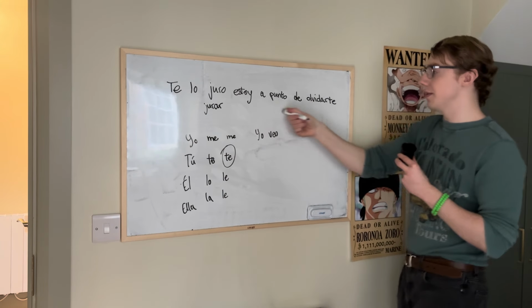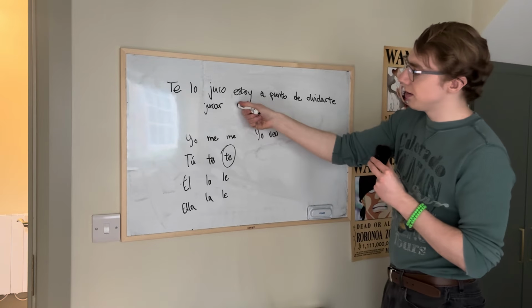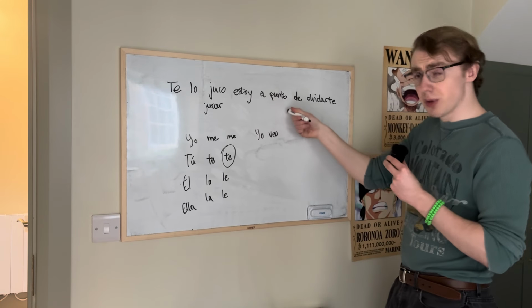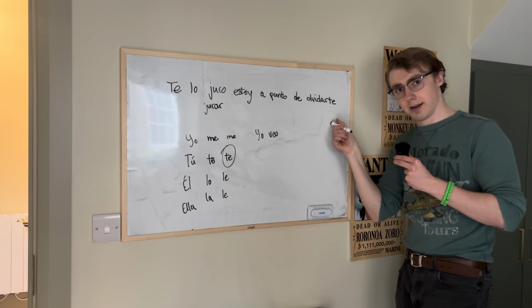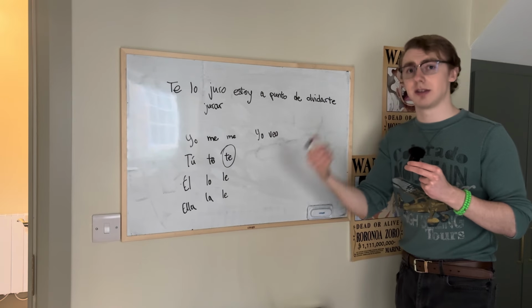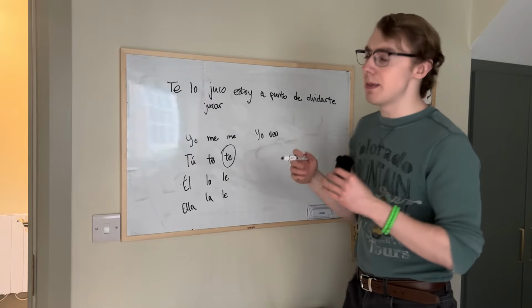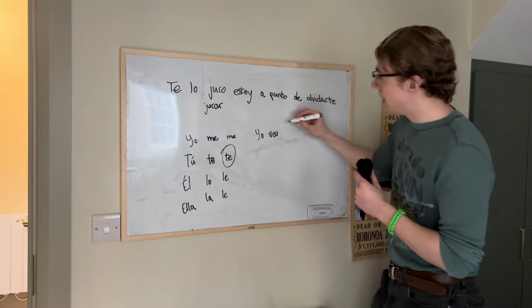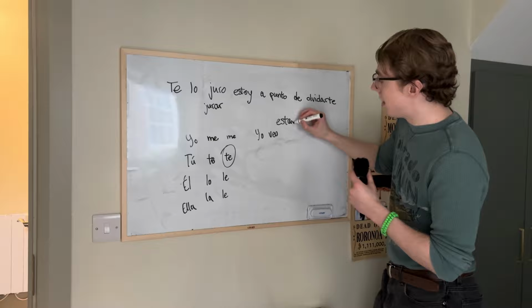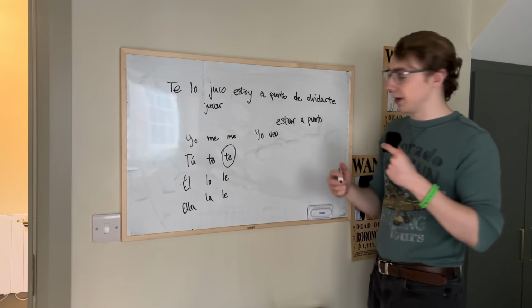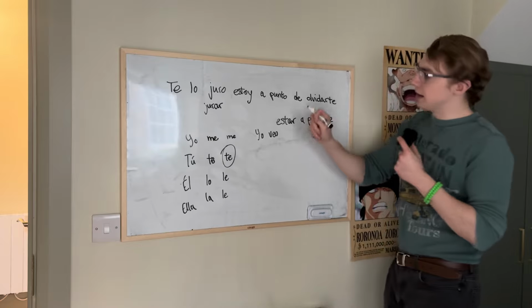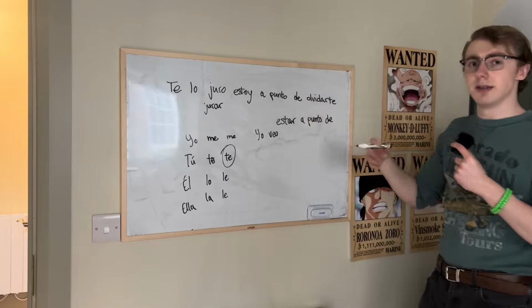And then this would be estoy, I am, a punto, at point, de, of, olvidarte, forgetting you, or to forget you. So it means I'm about to forget. Estar a punto de, to be about to do something. A punto de, so estar a punto de olvidar is about to forget.